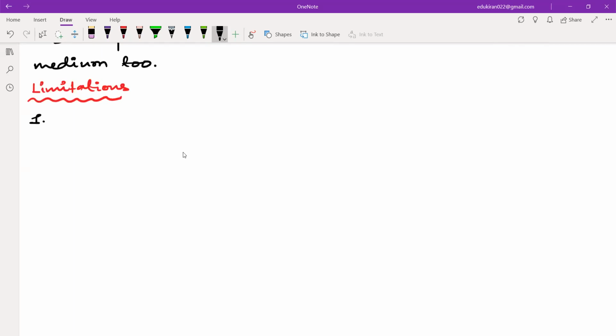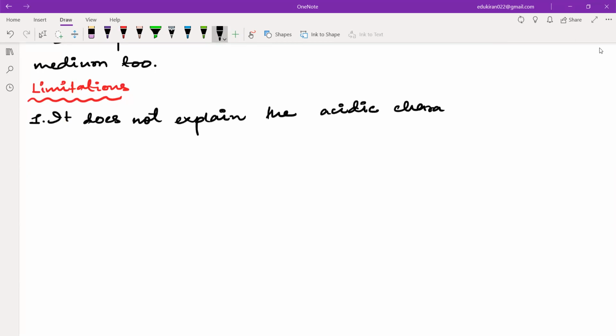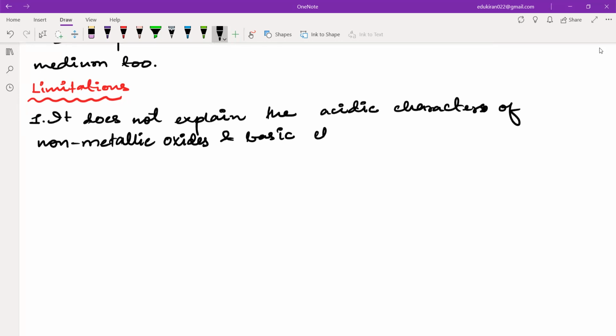First point is that it does not explain the acidic character of non-metallic oxides and basic character of metallic oxides.